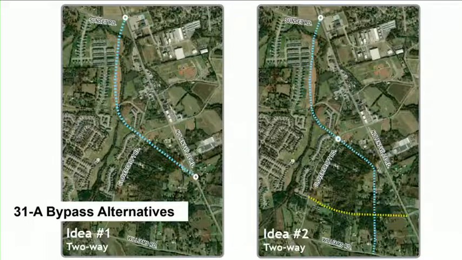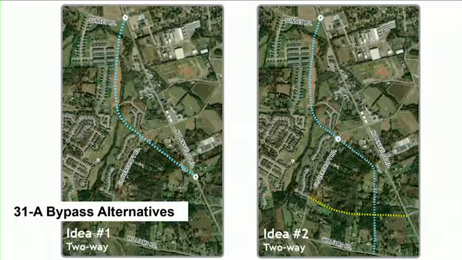We heard probably half a dozen or more ideas in August and September. And through a preliminary screening process, we narrowed it down to 4. The 2 that are here, and I'll show you 2 more in another second. And then there were 2 on the east side.